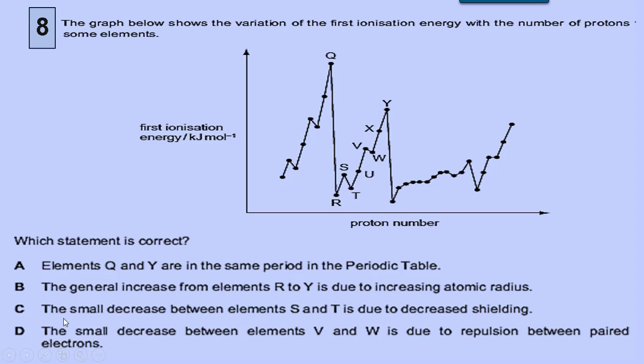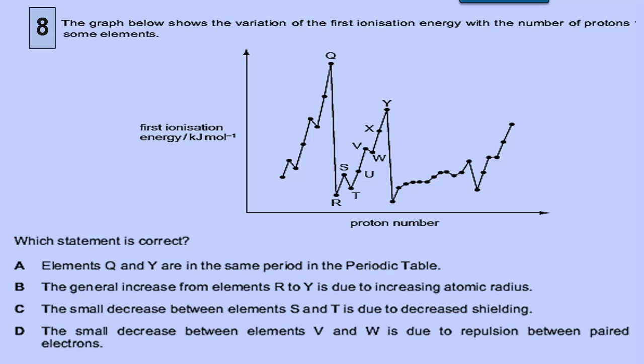Let's move to statement C. The small decrease between elements S and T is due to decreased shielding. And this statement is also not correct, because in moving in the same period, the shielding effect will not decrease, because we have the same number of energy levels. So the statement is not correct.